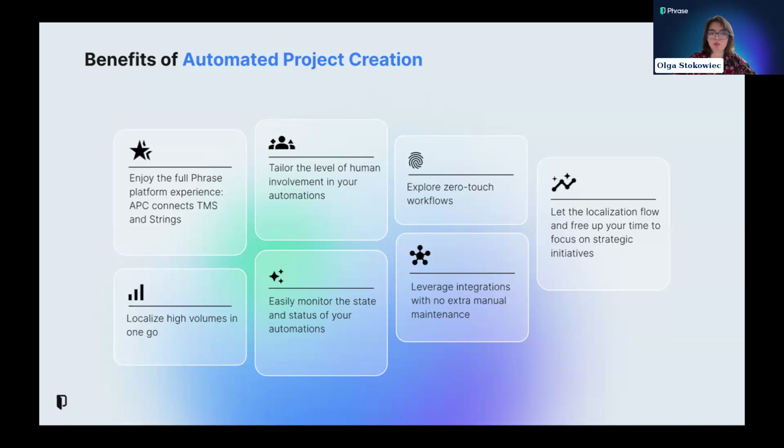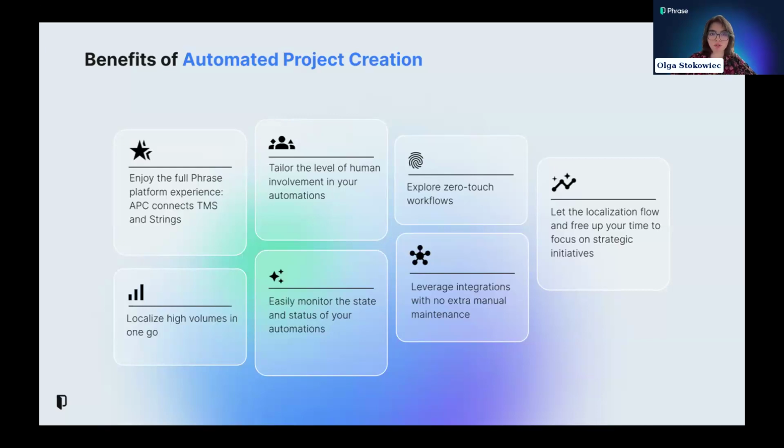And you can decide how much you want to automate. Do you want to still manually assign vendors or manually run translations and make sure that everything is running as it should? That's possible.